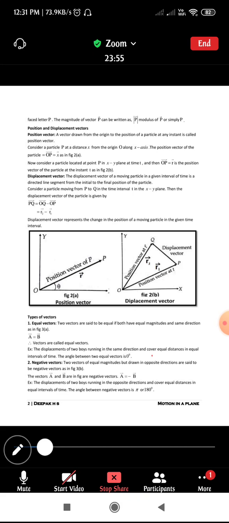Okay, so next, coming to negative vectors. When do you call two vectors negative? Two vectors of equal magnitude but drawn in opposite directions are said to be negative vectors, as shown in the figure. Mathematically you can write vector a is equal to minus vector b.